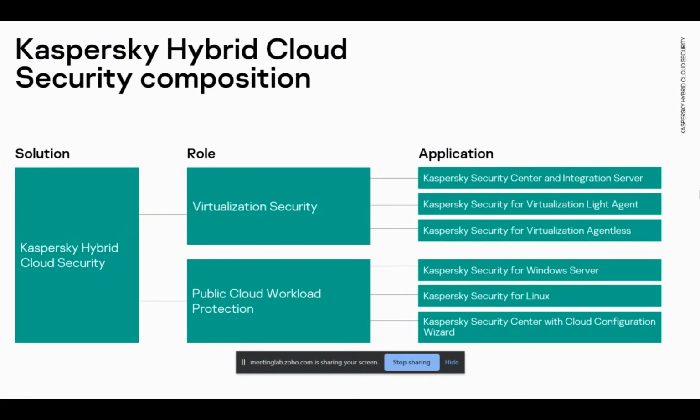Then we have Kaspersky Security for Virtualization, for Light Agent and for Agentless. Then we have KSWS, that is Kaspersky Security for Windows Server. Then Kaspersky Security for Linux. Then we also have Kaspersky Security for Cloud, for public clouds.